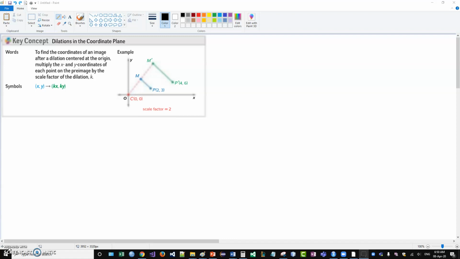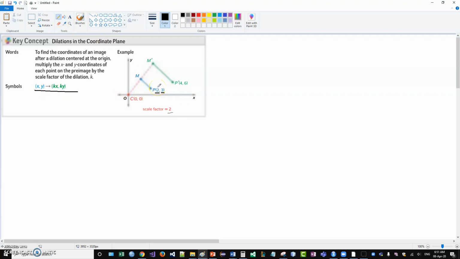We're going to start with the center being the origin. To find the coordinates of an image after a dilation centered at the origin, multiply the x and y coordinates of each point on the pre-image by the scale factor of the dilation. Let's say we have a dilation factor of 2. So what we're going to do is multiply the coordinates of each point by 2, as we see here.